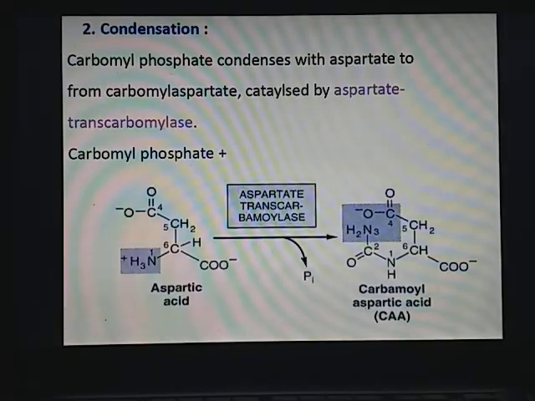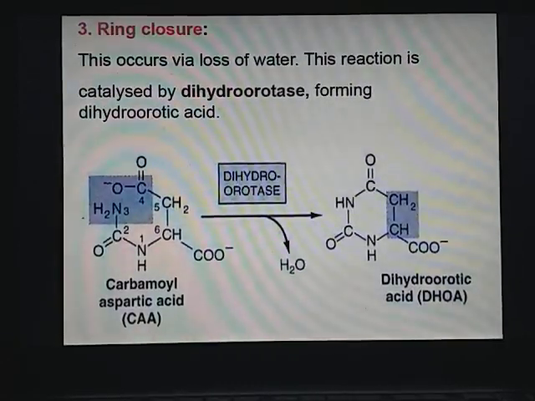The next reaction is condensation. The formed carbamyl phosphate condenses with aspartic acid to form carbamyl aspartic acid with the liberation of phosphate group in presence of enzyme aspartate transcarbamylase. Then the third reaction is the closure of ring, where carbamyl aspartic acid undergoes dehydration in presence of enzyme dihydroorotase to form dihydroorotic acid.